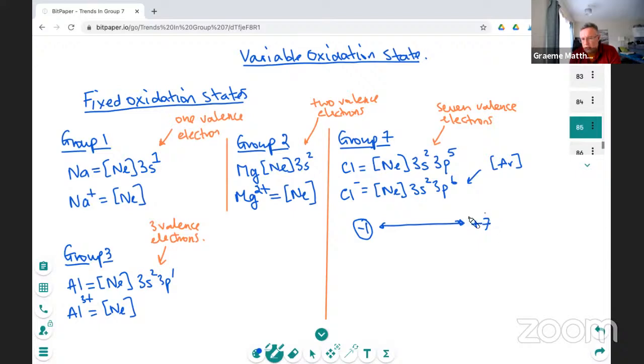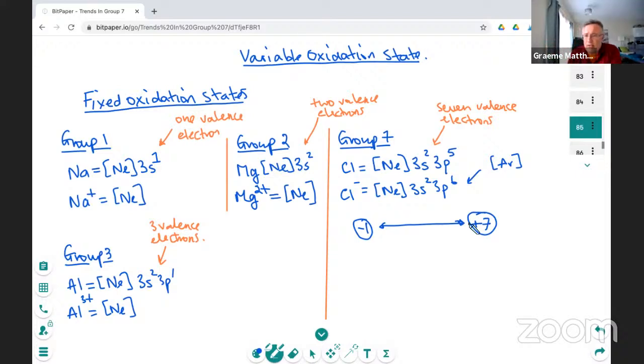And you think, what? I've never heard of chlorine being +7 before. Well, because at GCSE, the only thing they do, chemists, is that they tell you the most common charge, the most common oxidation states.